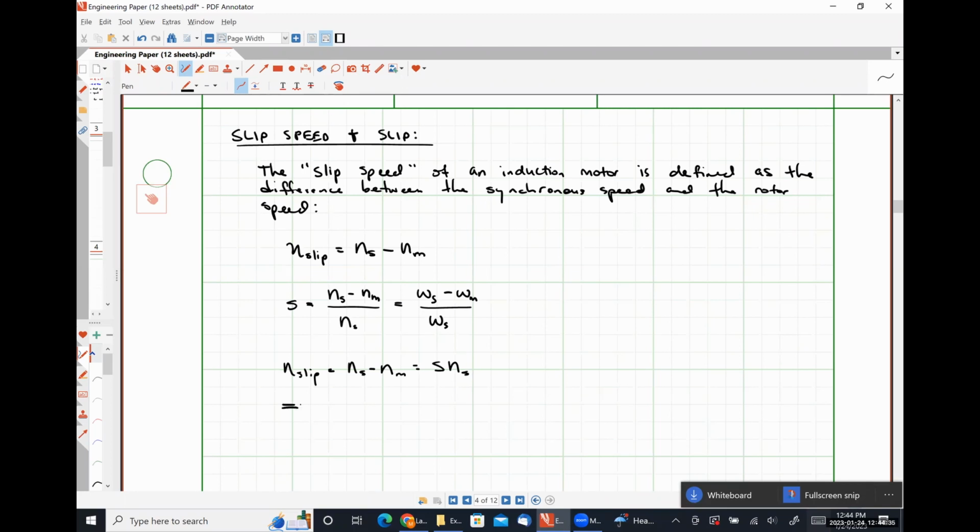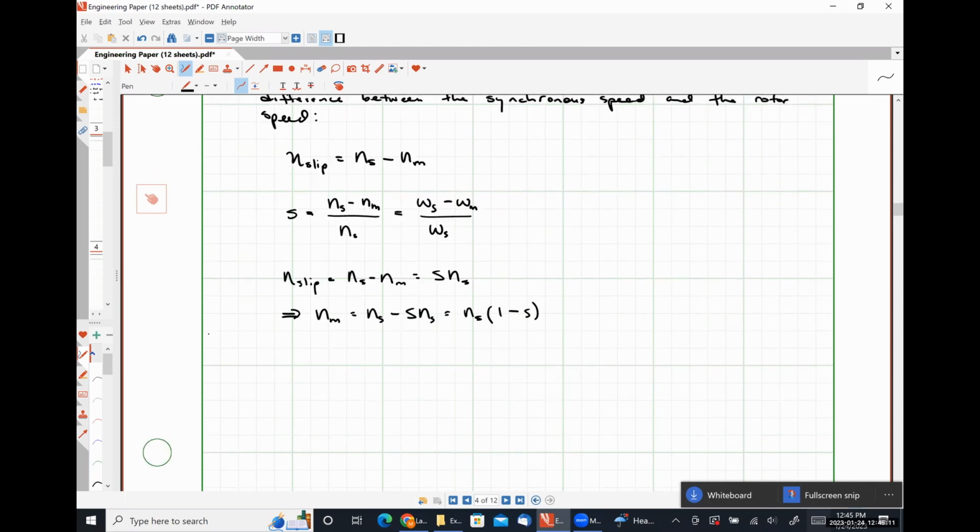So rearranging this a little further, NM, my rotor speed, is just NS minus S times NS, or NS, my synchronous speed, times 1 minus my slip. So again, this is nothing more than saying our rotor spins at some portion of our synchronous speed. But expressed in this way, we can get some ideas about what's happening at different values of slip.